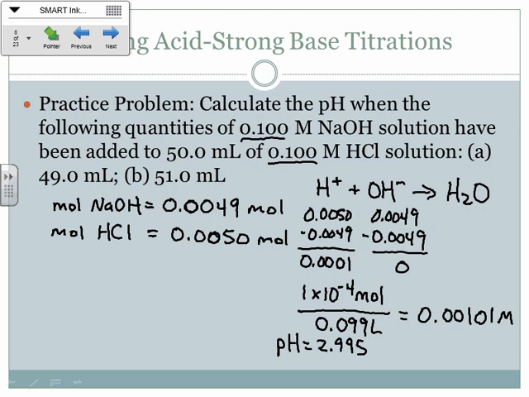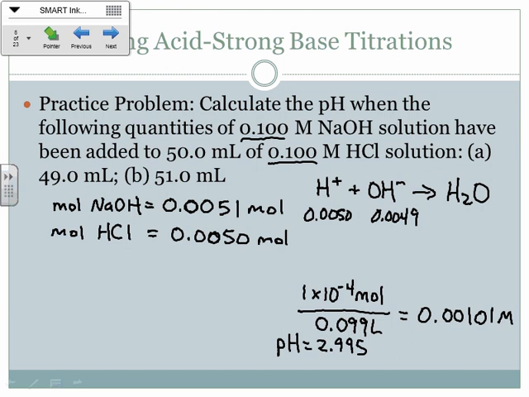So then for this next one, we've got 51 milliliters. So our situation here is now we have 0.0051 moles of the NaOH instead of 0.0049. Okay. So now the OH minus is not my limiting reactant anymore. The H plus is. All right?